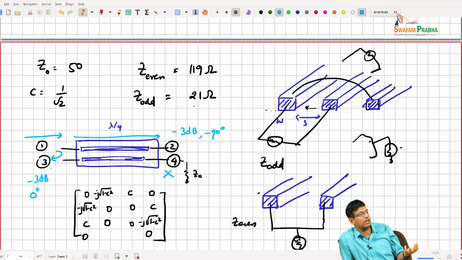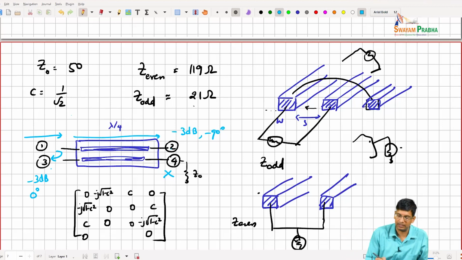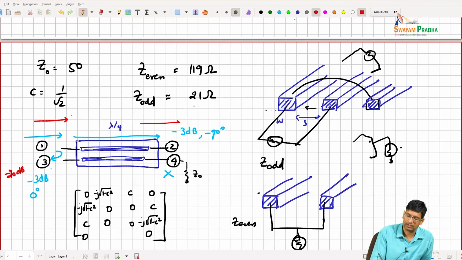So if you want unequal power splits, or if you want a situation, for example, where you put in a certain power here, and then you want to couple minus 20 dB of the power here, and you want the rest of the power to go through here, that you can accomplish, and then you can put a power sensor here, for example. So then you can know how much power you are putting into the system. So this kind of circuit is quite often implemented.